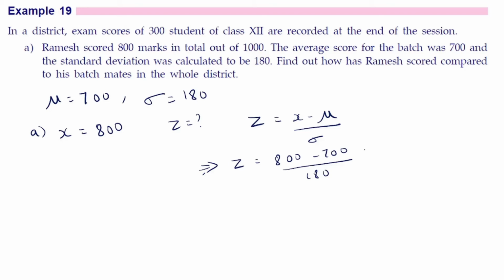So it is equal to 0.56. Now to compare the performance of Ramesh, we need to find probability of x less than or equal to 800. Now this probability of x less than or equal to 800 is nothing but z less than or equal to 0.56.